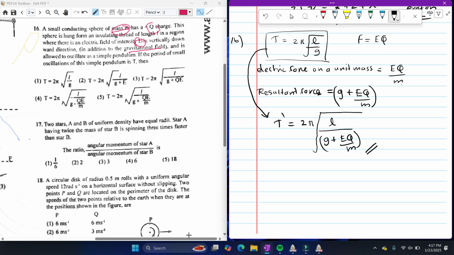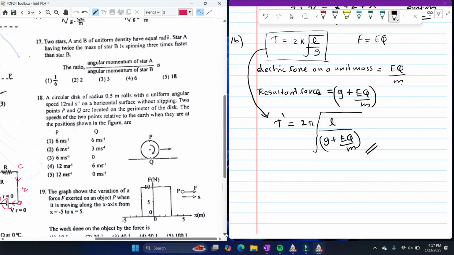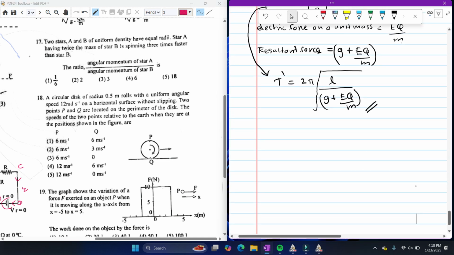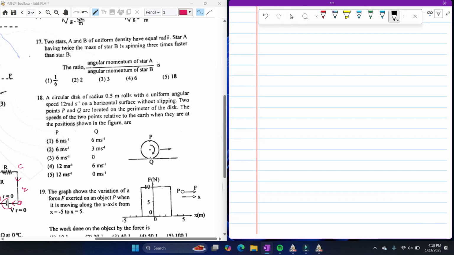Next, question number 17. Two stars A and B of uniform density have equal radii. Just get on with the data, then it will be easier to continue. There are two stars A and B of uniform density D having equal radii r.